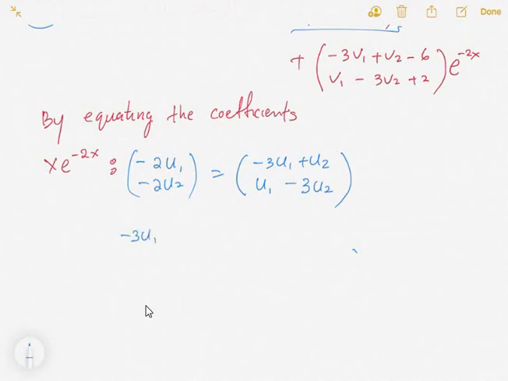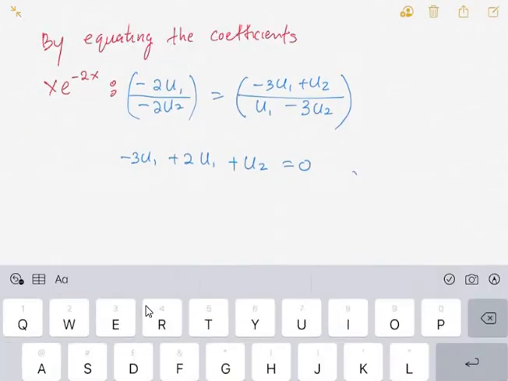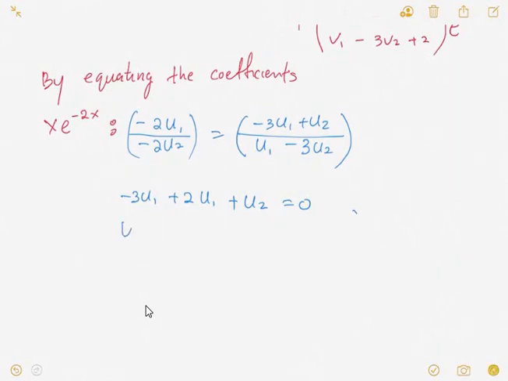Negative 3u1 plus 2u1 plus u2 equals 0. Okay, for the first one. Then u1 minus 3 plus 2, so you have minus 1, minus 1 u2 equal to 0.